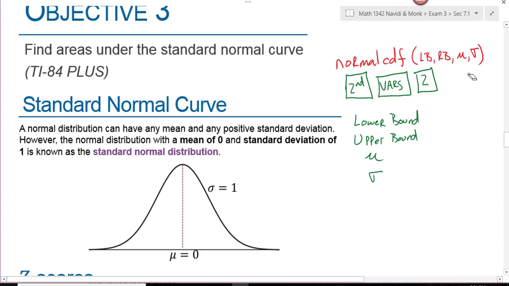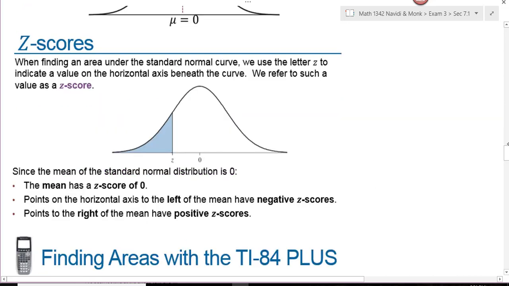The domain for the normal distribution is from negative infinity to infinity. So this graph, even though it looks like it comes down and stops at some point, theoretically it's still going off to negative infinity this way and to positive infinity this way. So when I look at the shaded region and I want to find its area, if my region is going off to the left, my left bound is going to be negative infinity.